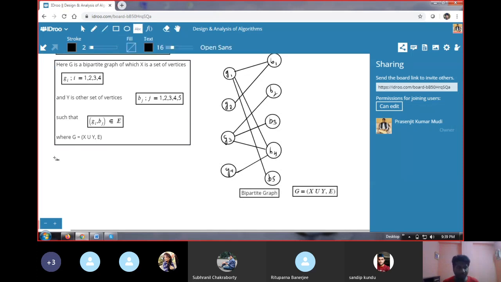Next we want to define what is a matching in a bipartite graph.